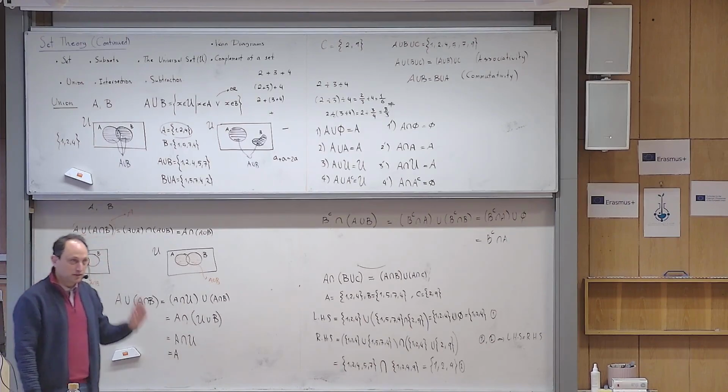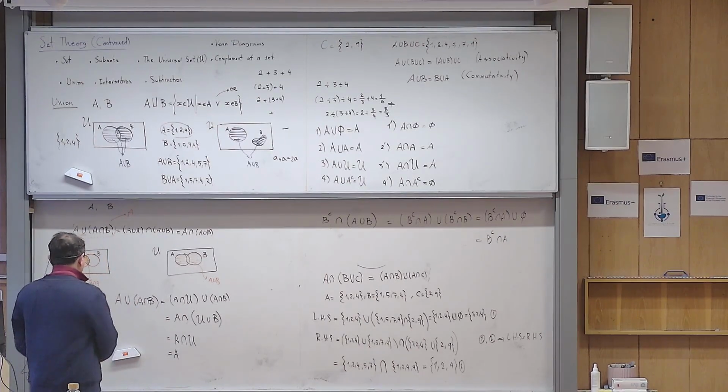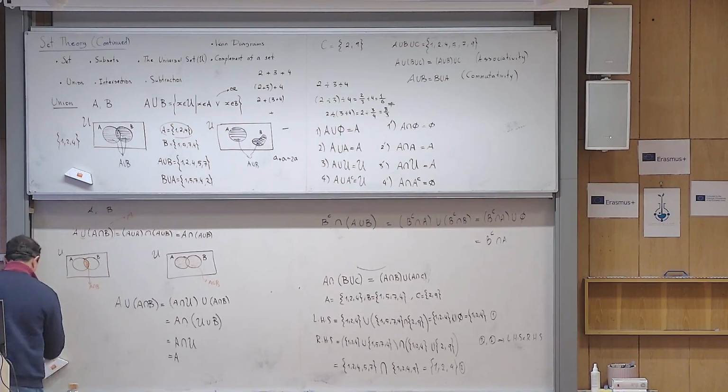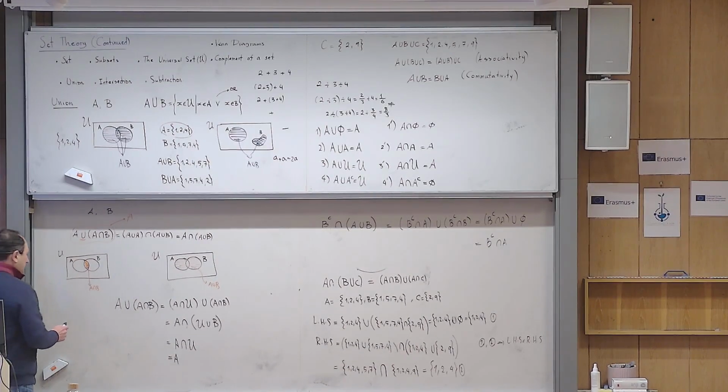Okay, so this is a very important rule. And these rules, I write them for you. This has a name in set theory. They are called absorption laws. So absorption laws are like distribution laws, but one set is repeated.